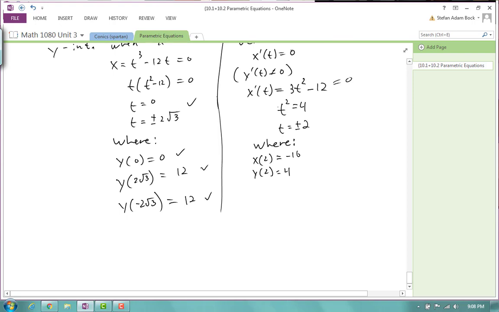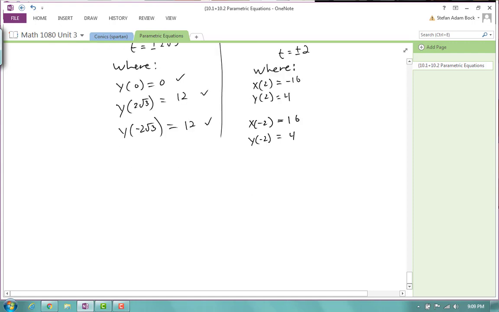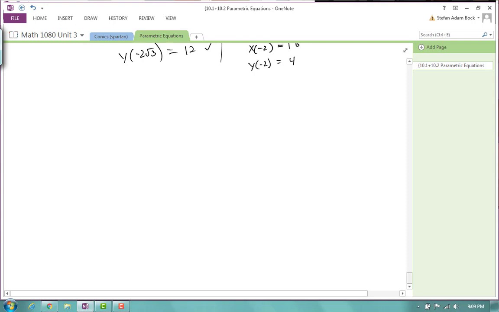Those are big numbers. X of minus 2 is equal to minus 8 plus 24, so that's a positive 16, and y of negative 2 is again equal to 4. So let's try to get a sketch of what happens on this curve.